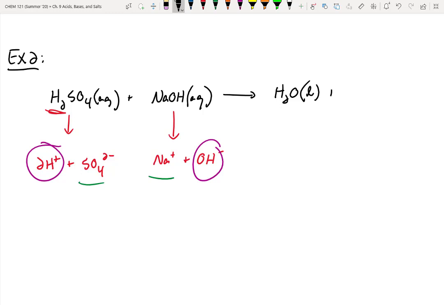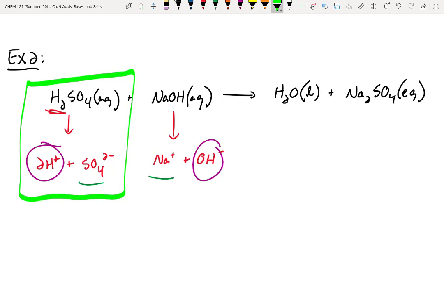So that tells me that I need to have 2 sodiums for every 1 SO4 unit, in order for those charges to cancel. All right, so if it helps, break them into their parts. This acid over here, sulfuric acid, is unique. It's one of those diprotic acids, which means it gives up 2 protons.